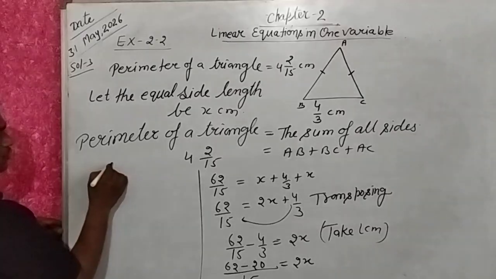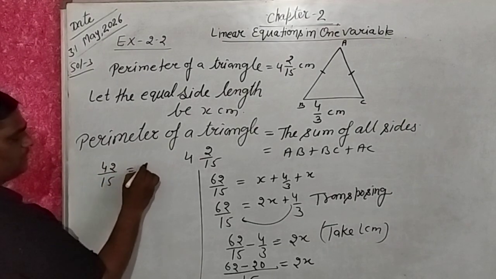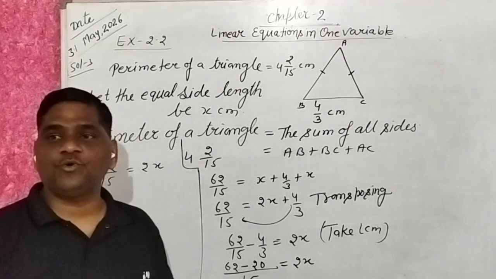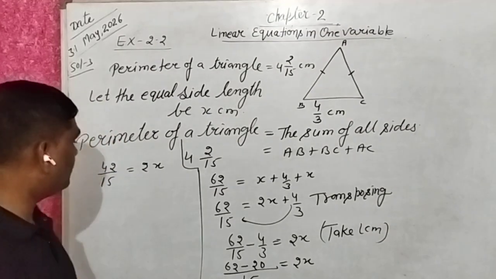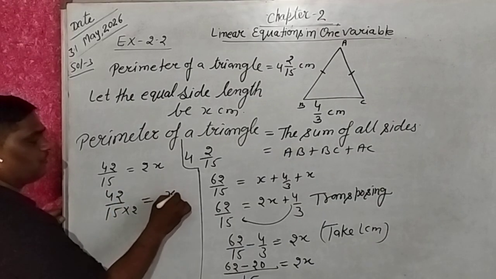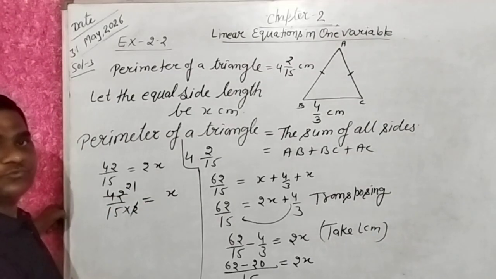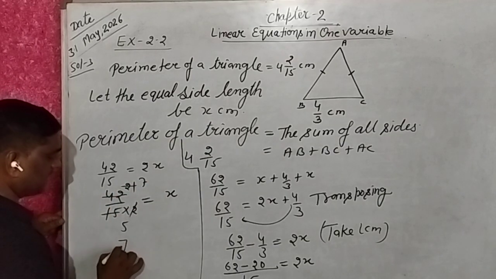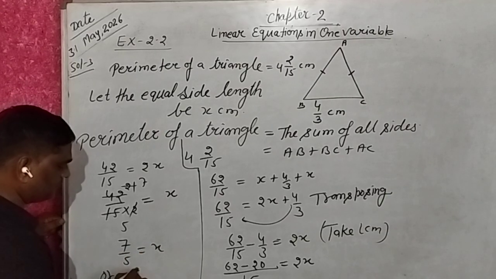Then you get 42/15 equal to 2x. What is the value of 2x? 2x is equal to 42/15. So the value of x is 42/15 divided by 2. Cancelling, you get 7/5 as the x value.